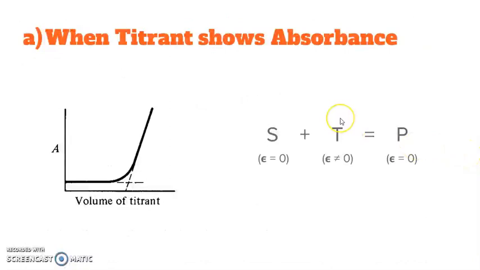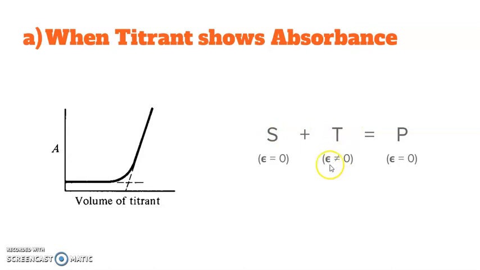So we will take up the first case, when the titrant shows absorbance. We have the same equation here: the substrate, titrant, and the product. We are trying to react the substrate with the titrant. The titrant is taken in the burette. We keep on adding the titrant to the substrate, and this is a case where the titrant has some absorbance.